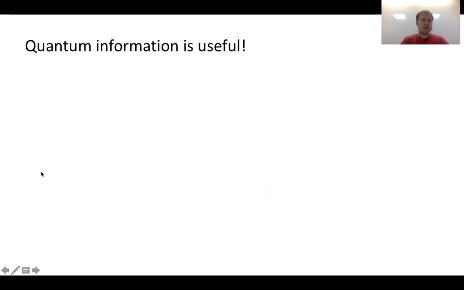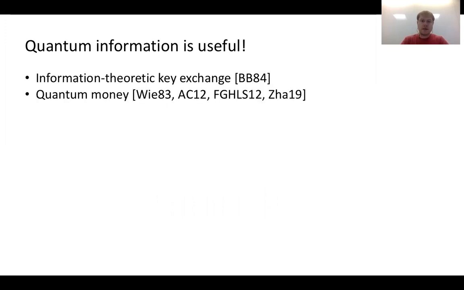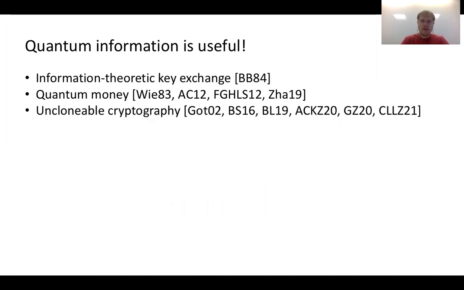So it turns out that quantum information is pretty useful for cryptography. And probably the most famous example of this is information theoretic key exchange, but there are many other examples, including quantum money, so unclonable currency, other types of unclonable cryptography, like encryption or signature schemes with unclonable keys, for example.